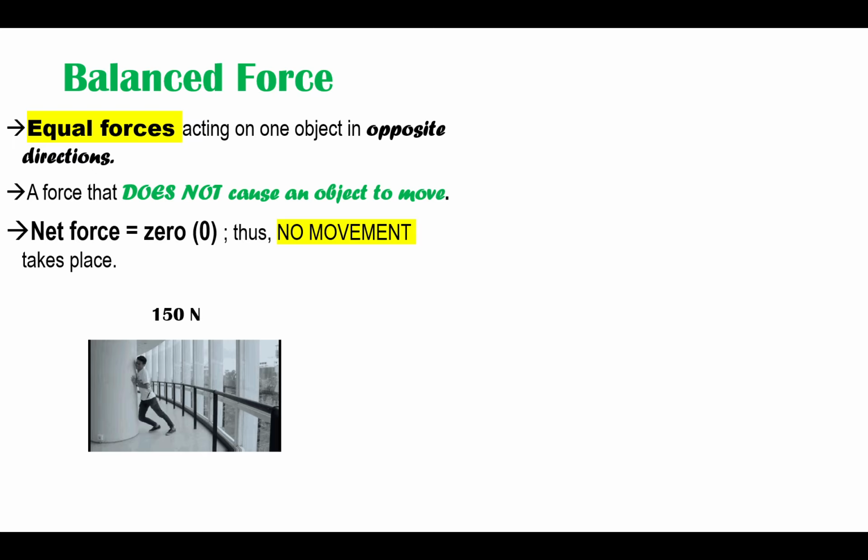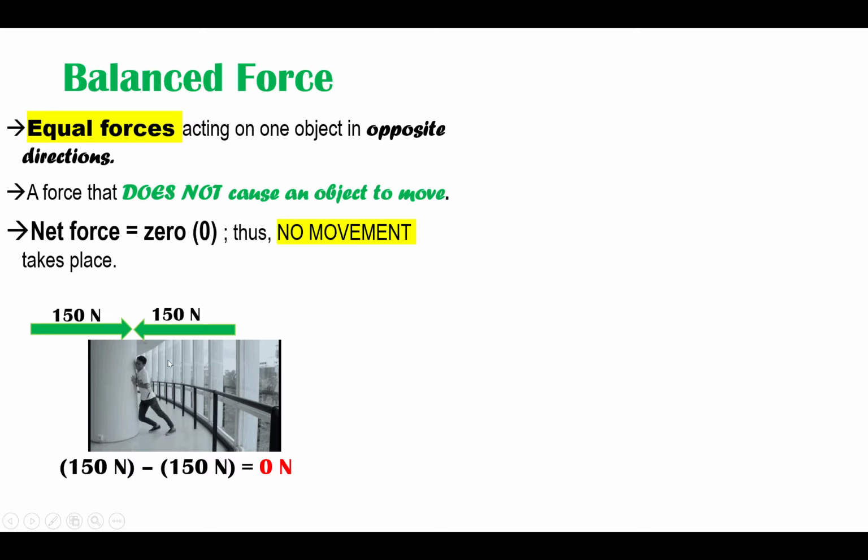Another example is pushing a wall. When you push a wall, you apply a force forward, right? And at the same time, the wall also pushes back with an equal force in opposite direction. So these forces cancel each other out, so the wall does not move at all. 150 newtons applied by the man, and 150 newtons applied by the wall towards the man.